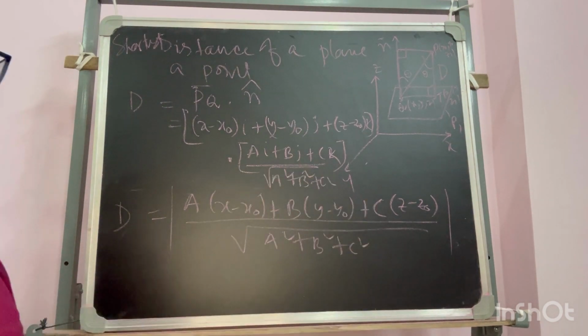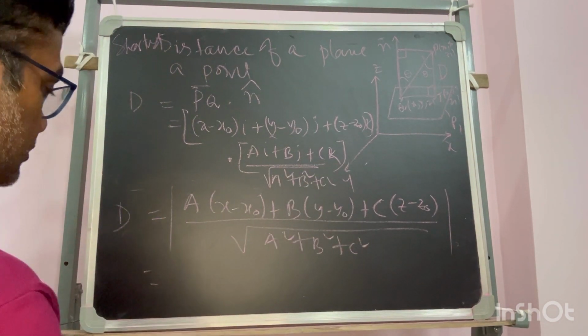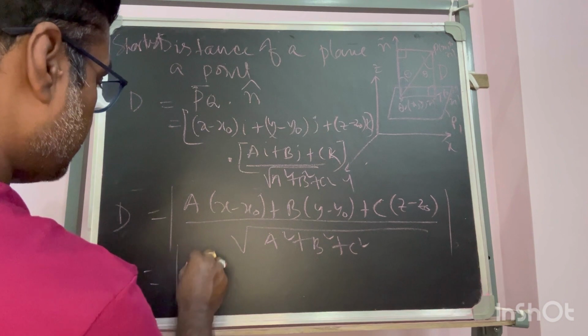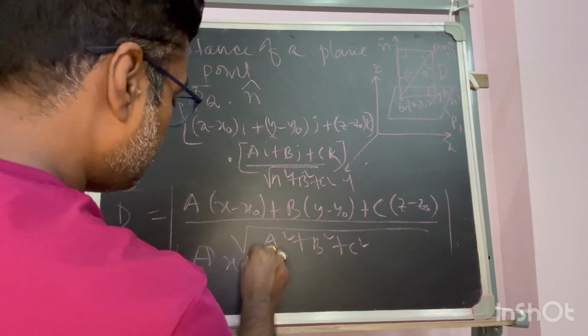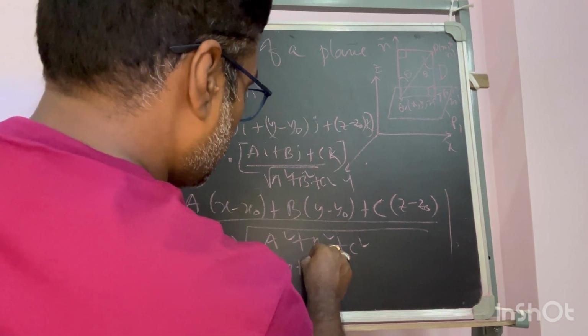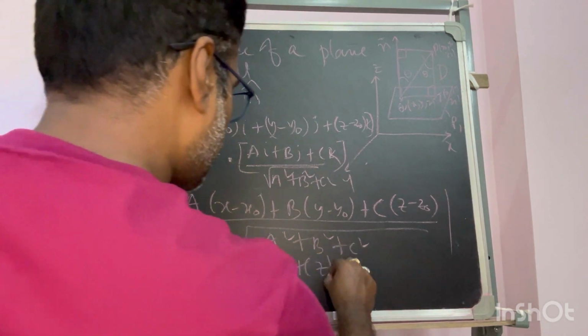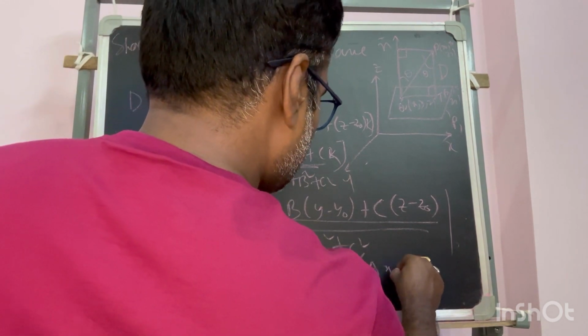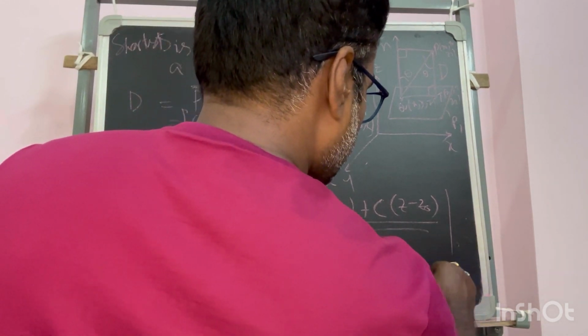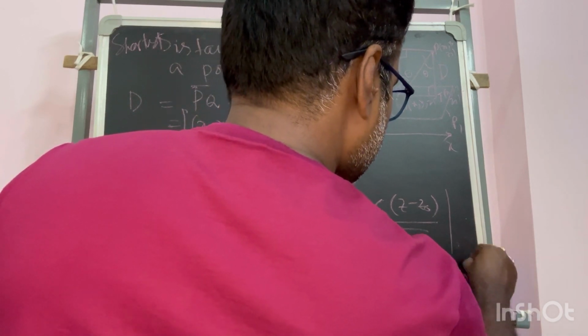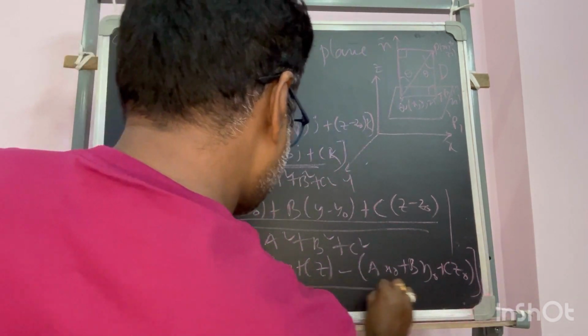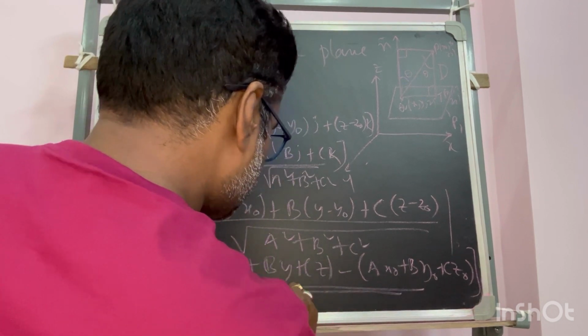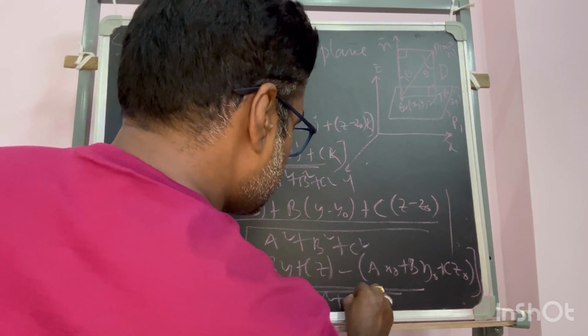We will not consider any sign if it is coming negative also. So now this is what? (ax plus by plus cz) in one bracket, minus (ax0 plus by0 plus cz0), divided by under root of a square plus b square plus c square.